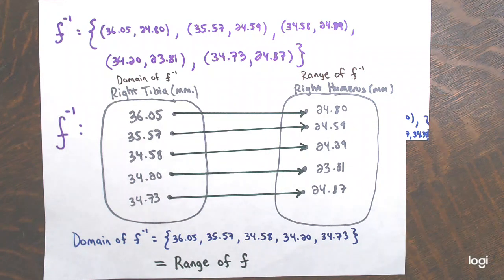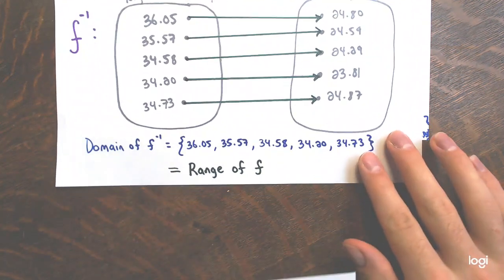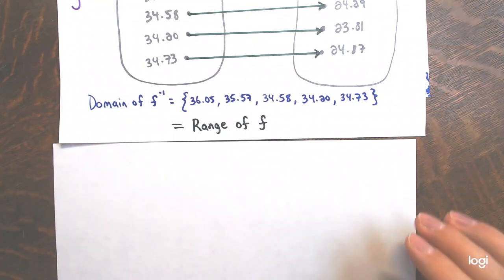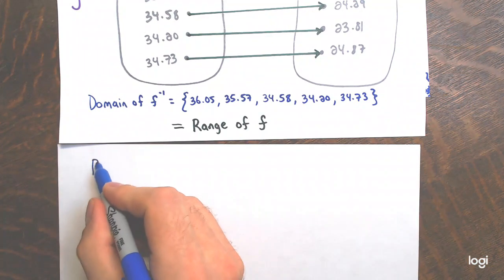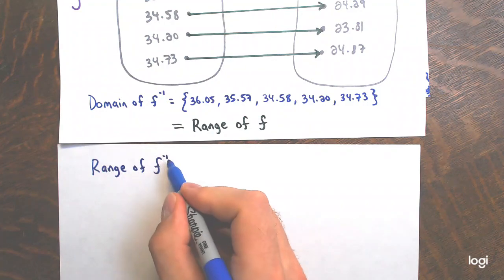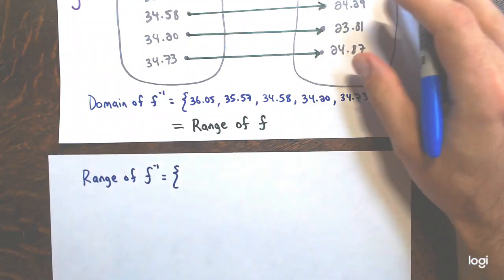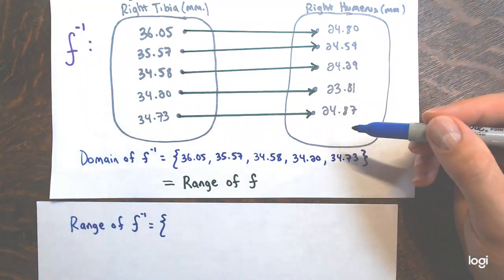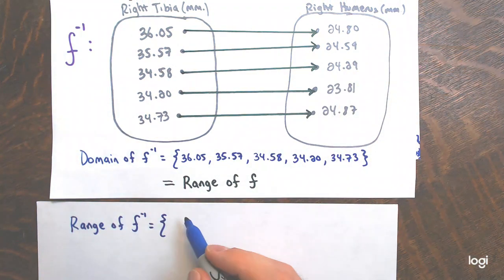And then the range of F inverse, just going down this box, these humerus lengths, the arm bones.